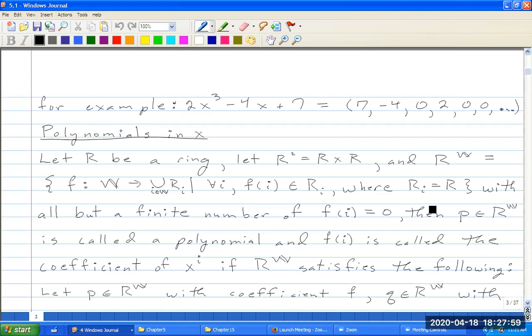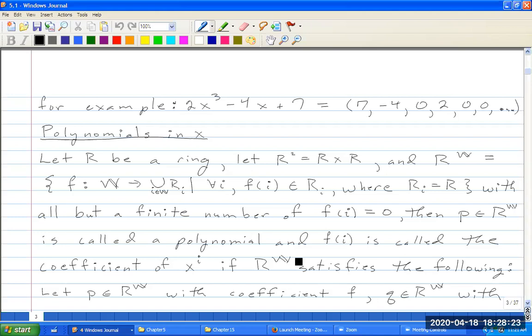Then P is a member of R to the whole numbers. It's called a polynomial, and F sub I is called the coefficient of X to the I, just like what we had here. If R to the whole numbers satisfies the following.